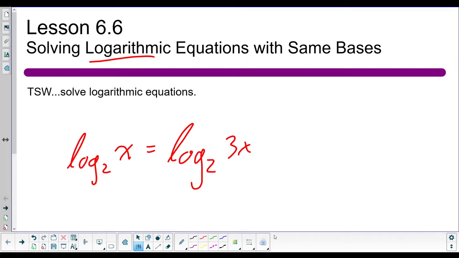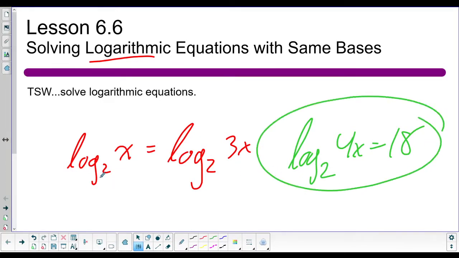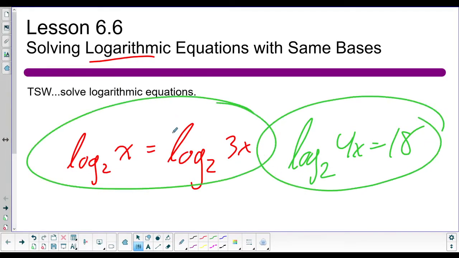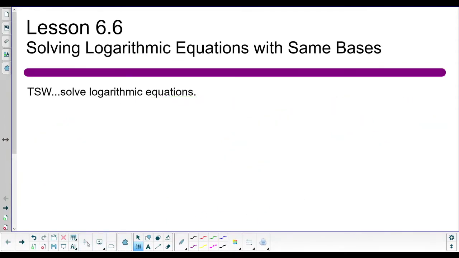Contrary to that, there's another school of thought, if you will, where you have logs on just one side. So you have like log base 2 of 4x equals 18. And then these are solved differently, obviously, because they're different. But we're going to work on problems like these today. And I think you're going to enjoy it a lot.